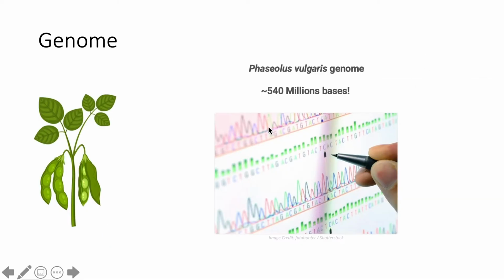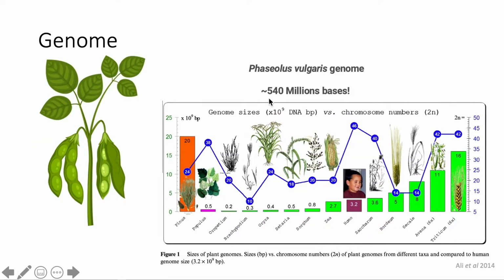And as most of you are working with Phaseolus vulgaris, that is Common Bean, Phaseolus vulgaris has a genome of around 540 million bases, so that sounds pretty huge, but actually it's not.